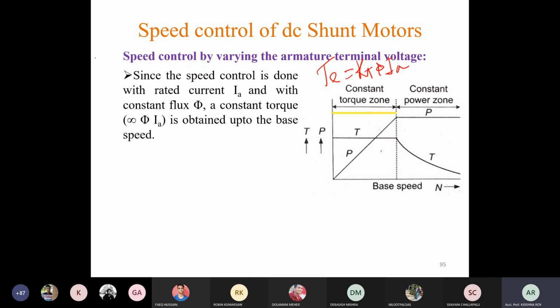So the motor is running with constant armature current and constant field flux, and kt is constant for a given motor, so we always get a constant torque. So this is a constant torque drive. That means up to this base speed the motor will always generate a constant value of torque whatever the speed may be. Is it clear?